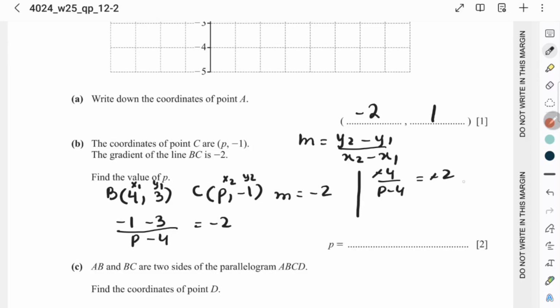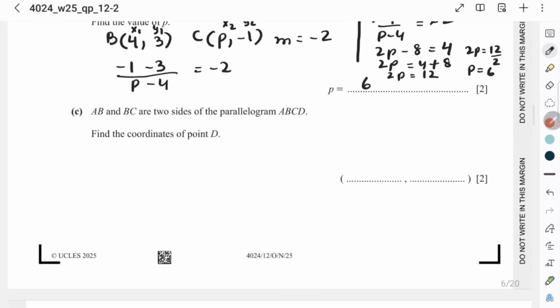There is no number with it, so this is 2p − 8 = 4, and then 2p is equal to 4 plus 8, which is 12. So 2p is equal to 12, and then p will be equal to 12 over 2, which is 6. Then p is equal to 6.